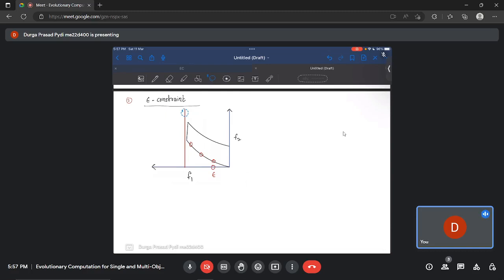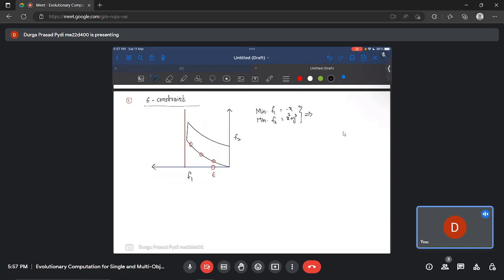So we'll put it mathematically. Suppose our original problem is minimize F1 and minimize F2. F1 is essentially minus x, and F2 is x square plus y square. Now I'm changing this problem into a new way where, instead of minimizing two functions, I'll minimize only one function.